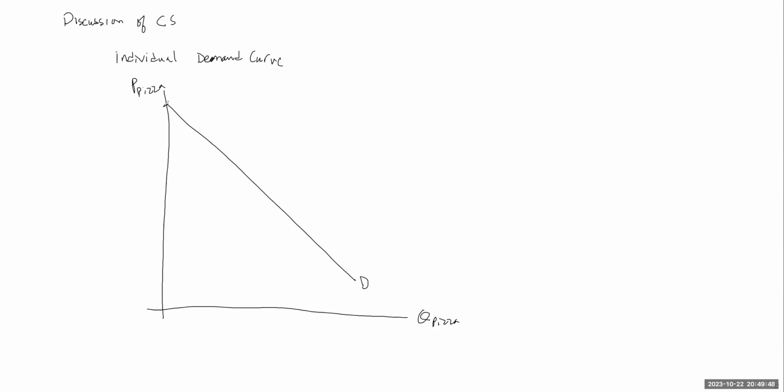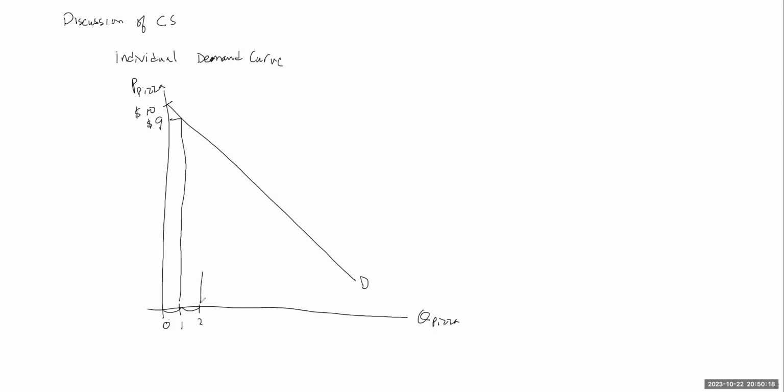At a price of, say, $10 a slice, this person wants 0 slices of pizza. For that first slice, this person is willing to pay $9.